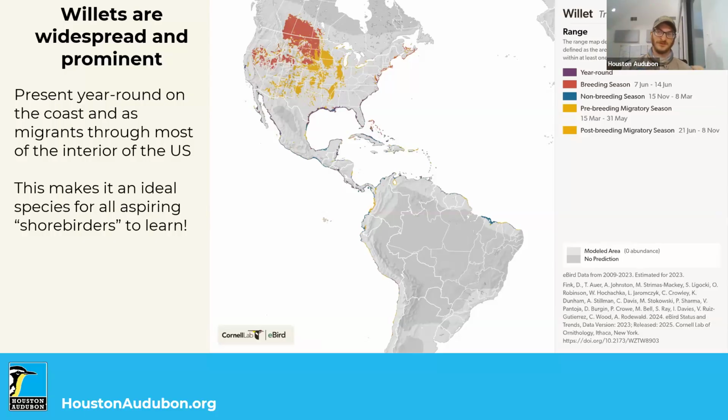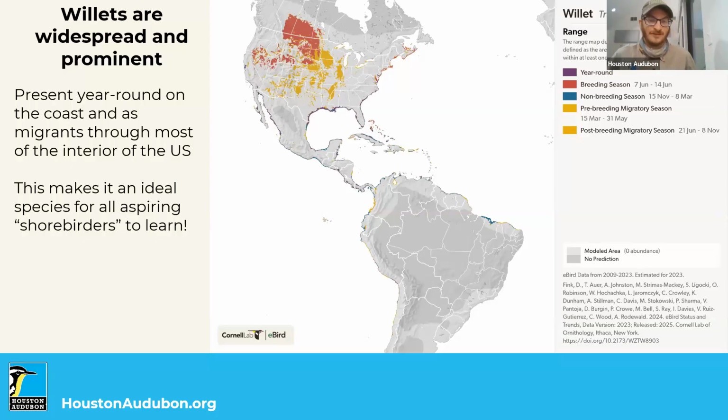Like most shorebirds, willets tend not to breed until they're about 1 or 2 years old. So even if you live in California, there's a chance that you can encounter willets on your shores year round.